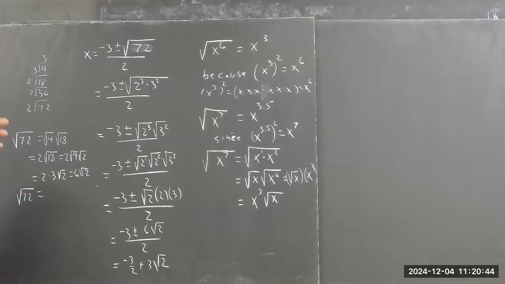But let's move on, pretending we didn't see that. The next square is 16. Well, 16 goes into 72 4.5 times, but that's not going to help. And then the next square is the square of 5, which is 25.